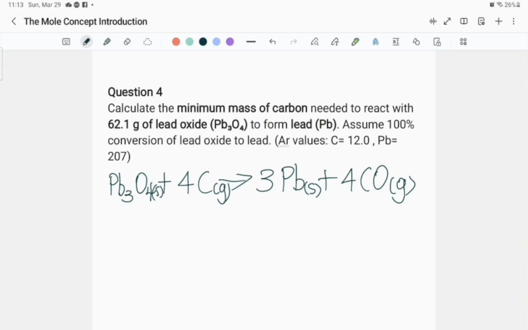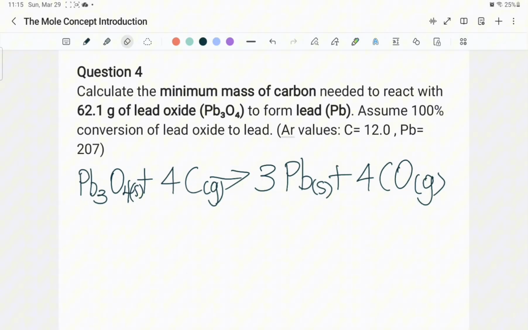proceed to finding the number of moles of lead. We have the mass of lead oxide, and we could find the molar mass of lead oxide and the number of moles of lead.